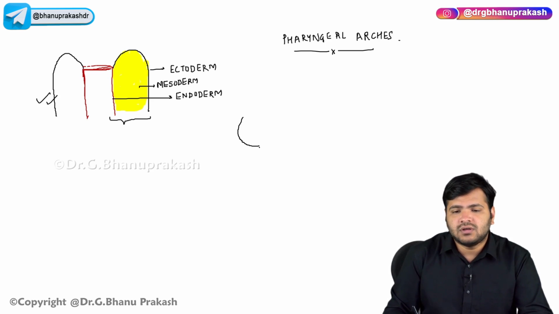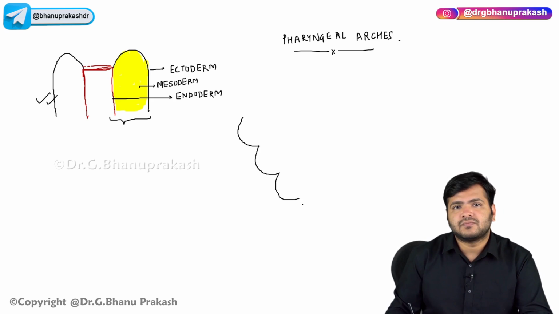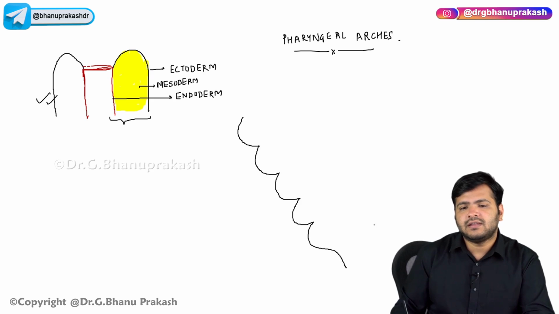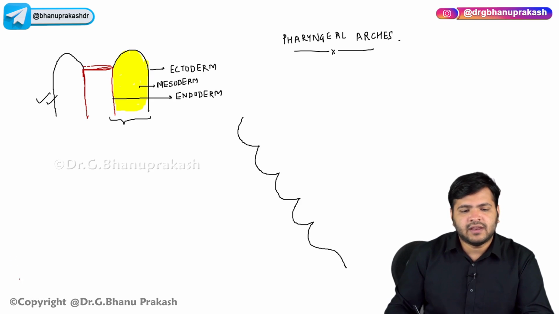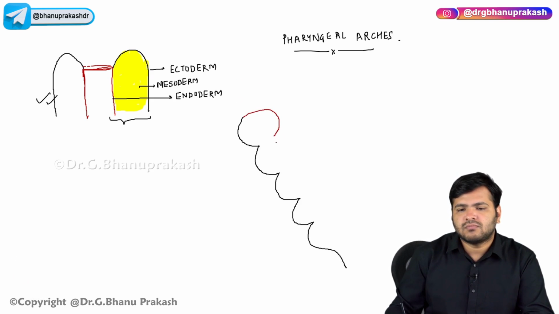Outermost part will be the ectoderm, right? So yes, there will be constrictions over here, 4 and 5, right? And we will also have the endoderm over here, like this.